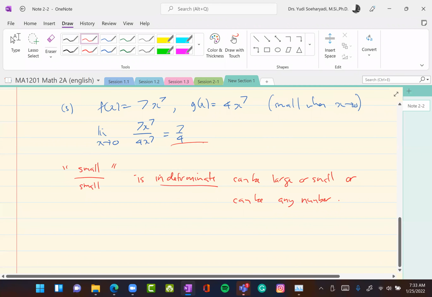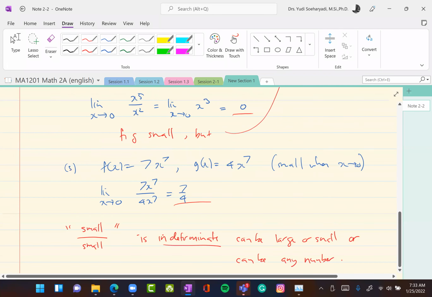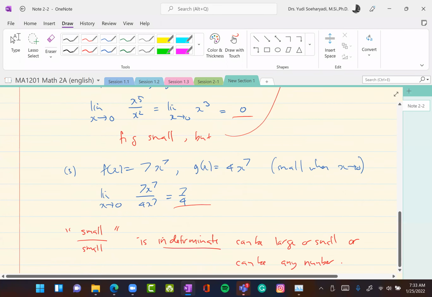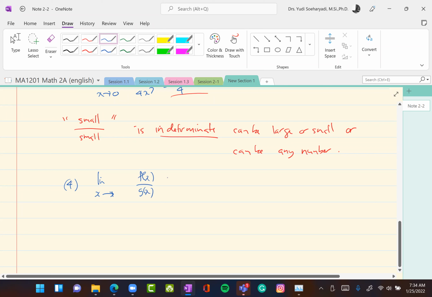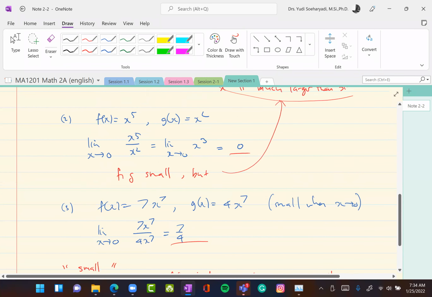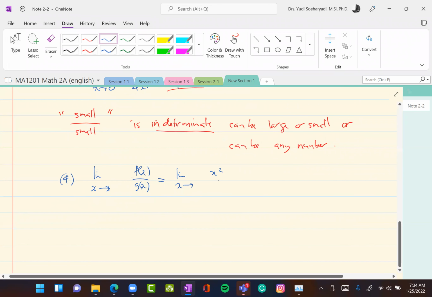Okay. Now, similarly, you can take these limits going to infinity. Then it's going to be large. Say still f of x over g of x. So take from the first one, but now x is large.